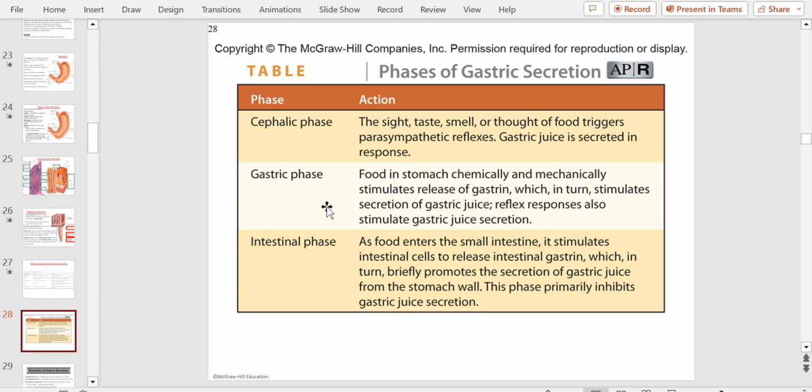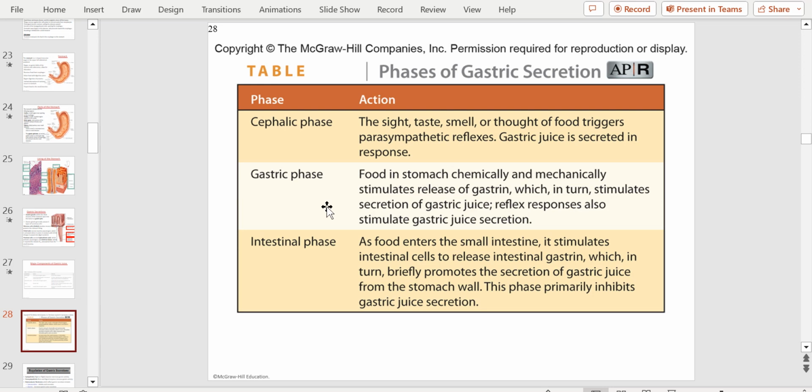The sight, taste, smell, or thought of food triggers parasympathetic reflexes. Gastric juices get flowing. That's the whole point of an hors d'oeuvre, a little bit of meat on a cracker or cheese on a cracker, just enough to get things going, and then you turn into a raging, eating beast.